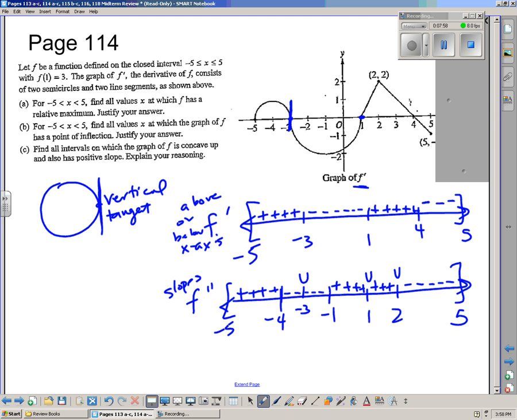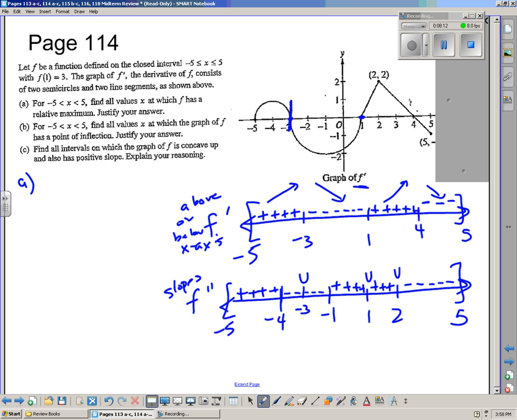All right, so part A says find where we have a relative max. A relative max, we're going to look to the first derivative number line. So if f prime is positive, then f is increasing, then decreasing, then increasing, then decreasing. And so we have a relative max at x equals -3 and x equals 4. So at x equals -3 and 4, f has a relative max.